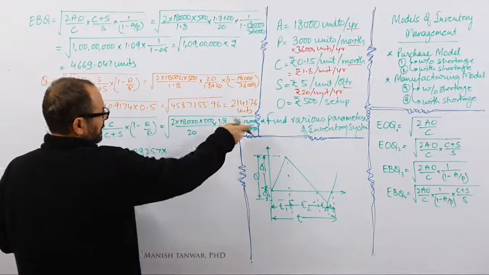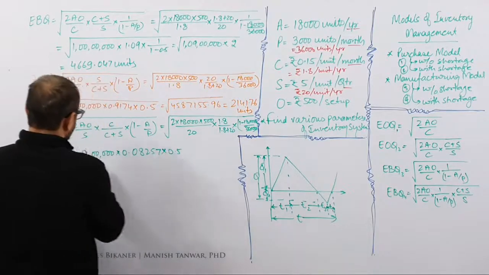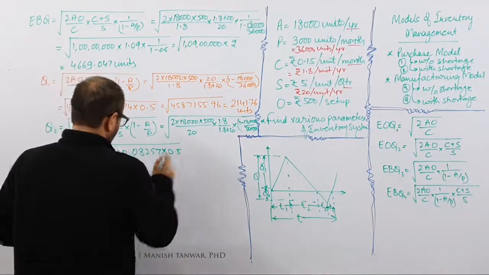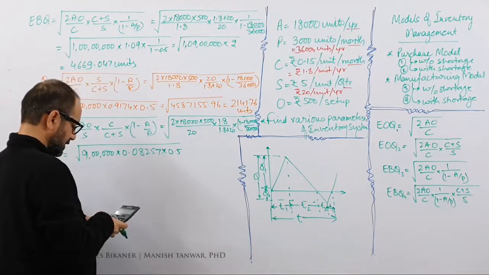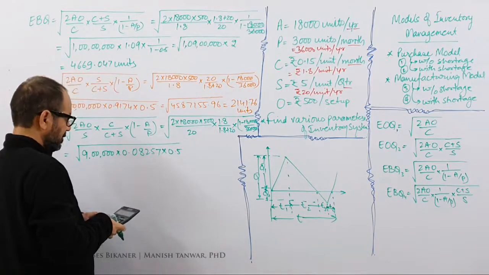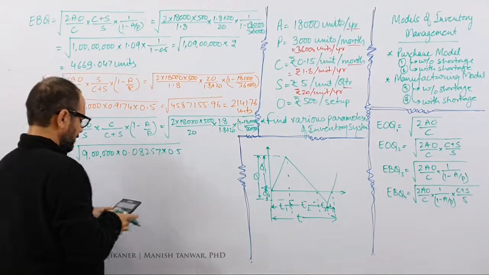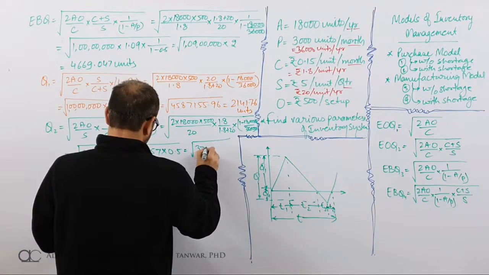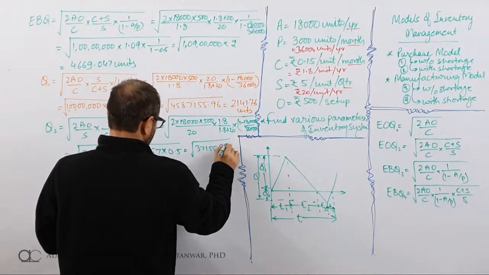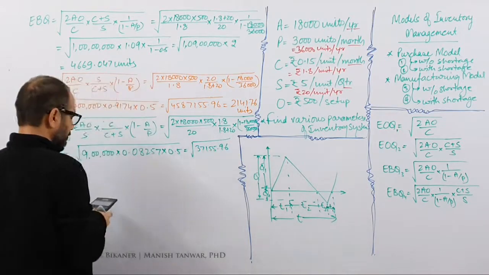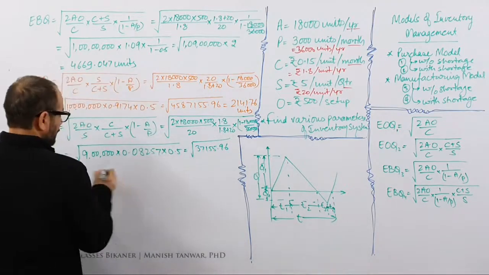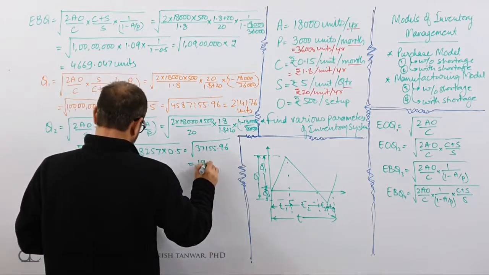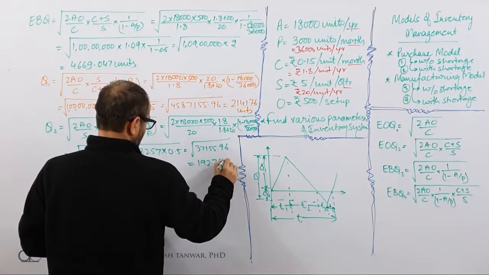And last factor would be 0.5 multiplied by 9 lakh multiplied by 0.5, giving me under the root 37155.96, and the square root would be 192.76 units.